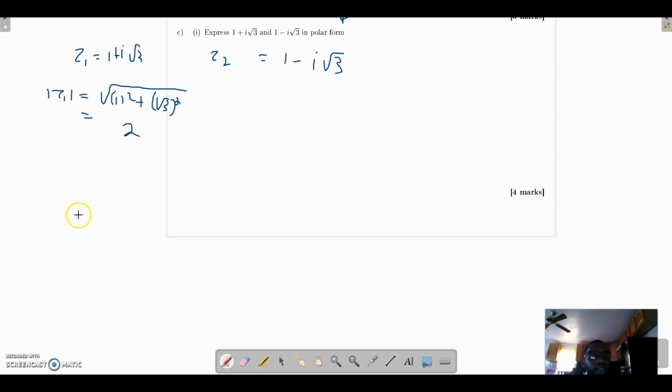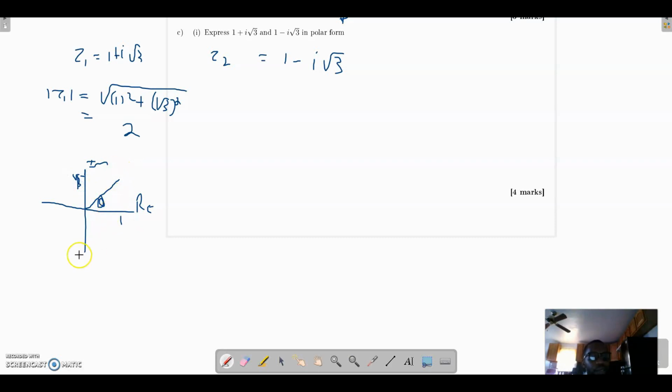Now, to get the argument, we want to have a little Argand diagram. All right, so you have the imaginary part and you have the real part. Now, the thing about this is that the imaginary part is positive and the real part is positive. So when you have theta here, on the x-axis that's 1, on the y-axis that's root 3.